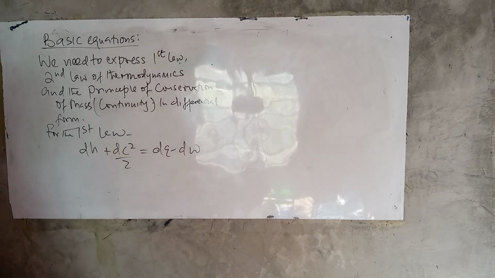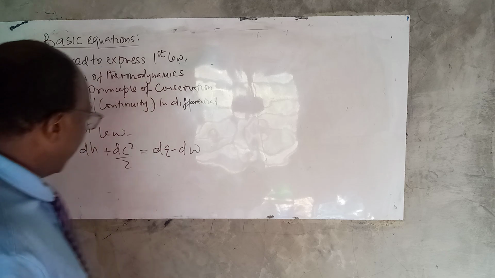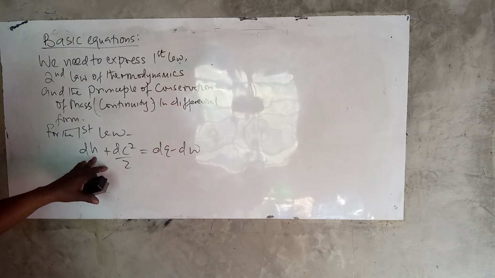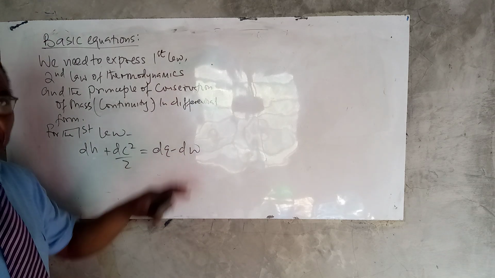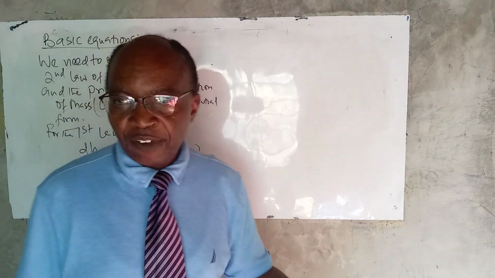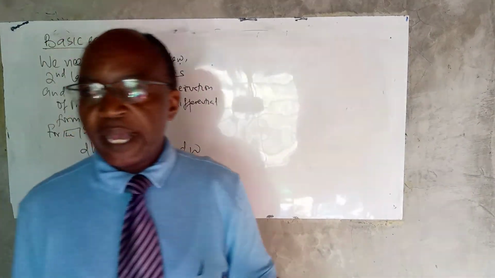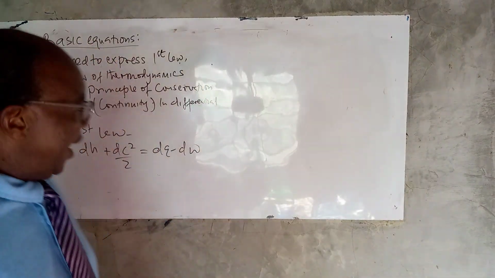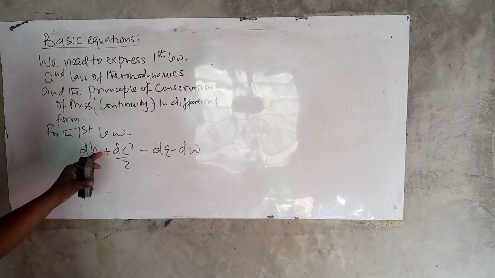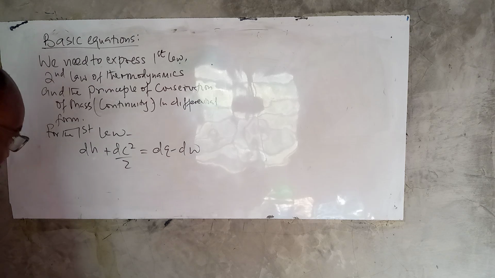Remember, C represents velocity, H is enthalpy, and Q and W are heat and work. Don't forget that heat and work are path functions, while H, for example, is a state function.